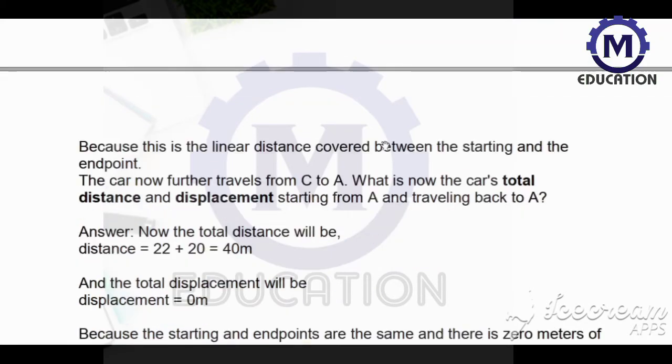In the same example, this is the linear distance covered between the starting and end point. The car now further travels from C to A. What is now the total distance and the displacement, starting from A and traveling back to A?